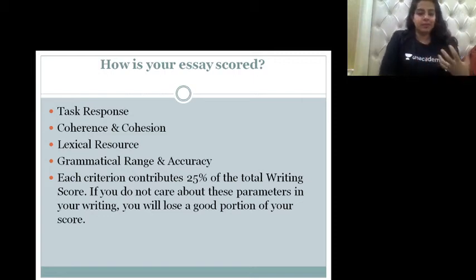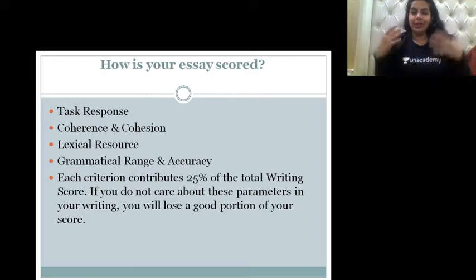Now, some students ask, ma'am, how can expression play an important role in writing? Because expression feels like you are using your gestures or your facial expression. But, my dear students, expression also means your writing expression, the language and the vocabulary which you are using, okay?